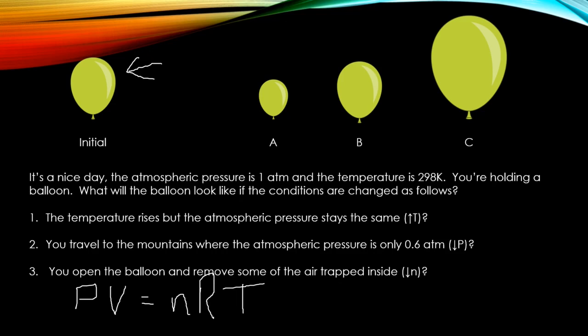But anything on this side is going to be directly proportional to the parameters on this side. So volume is directly proportional to the number of moles, as is pressure. So if you open up the balloon and remove some of the air trapped inside, the volume is going to go down. And so the balloon will look more like balloon A. But this is one of those things that you know, but you didn't know you knew.